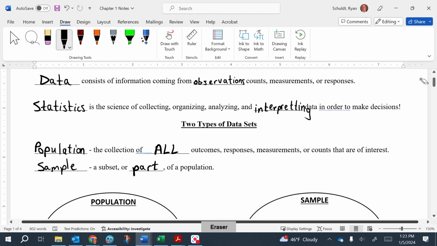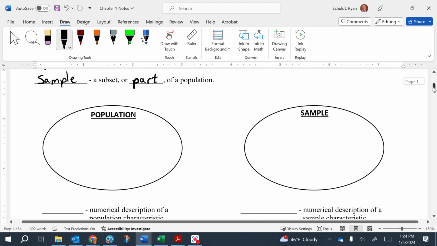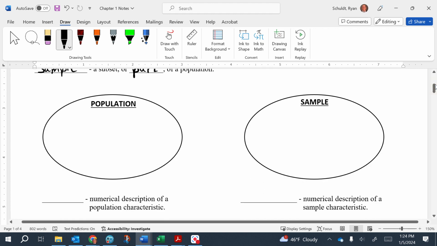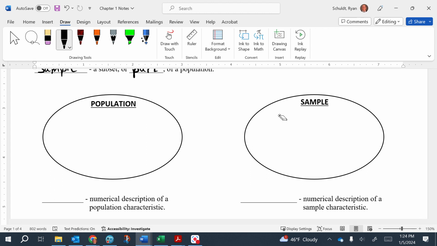Okay. So let's talk about some things with the population. In these circles, we're going to put symbols. Don't worry so much about how to calculate the symbols. Just start learning what they mean. Like if you see them, I want you to know, oh, that's population mean. Oh, that's sample variance.